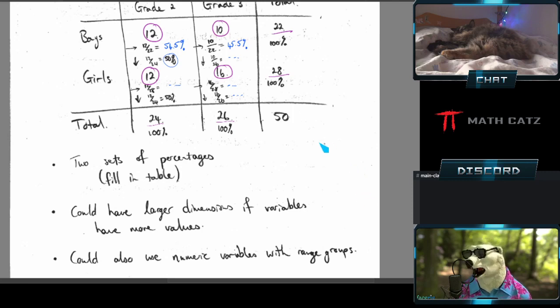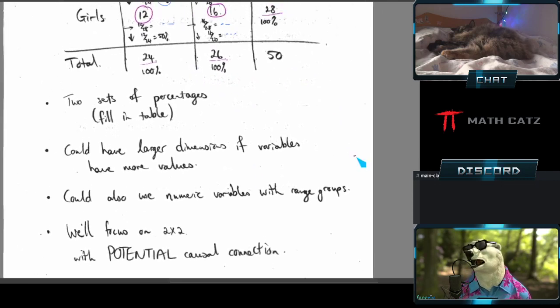So I could certainly break a numeric variable up into a few categories by 2.